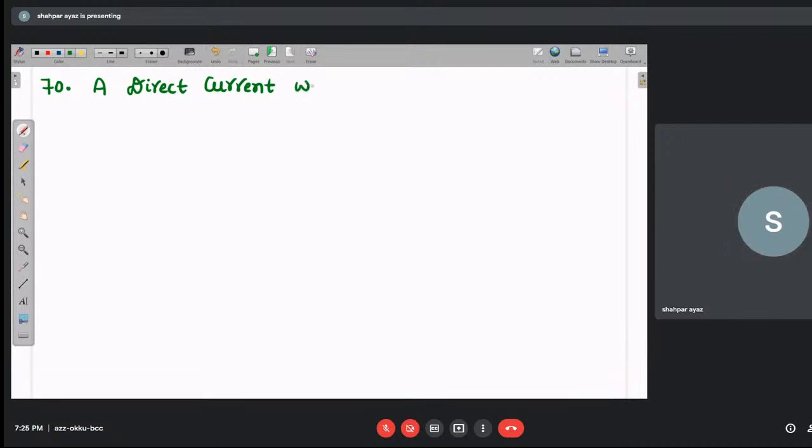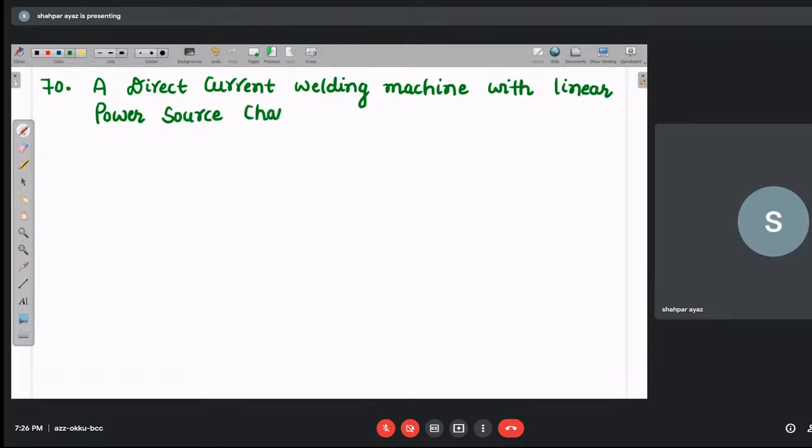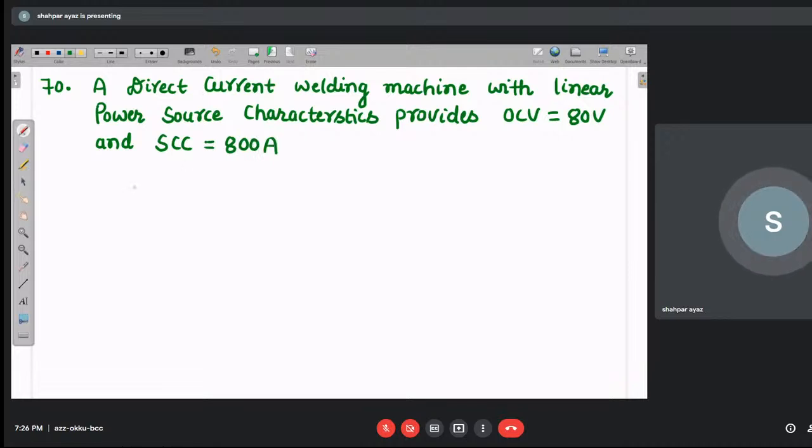The current welding machine with open circuit voltage 80 volt and short circuit current 800 ampere.